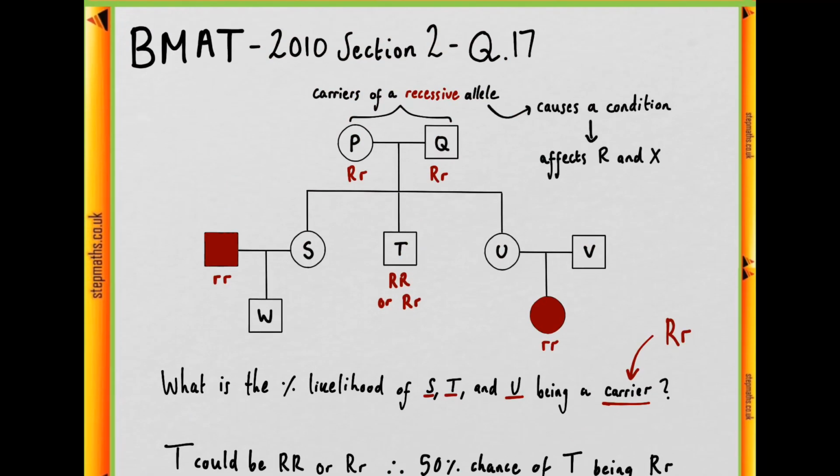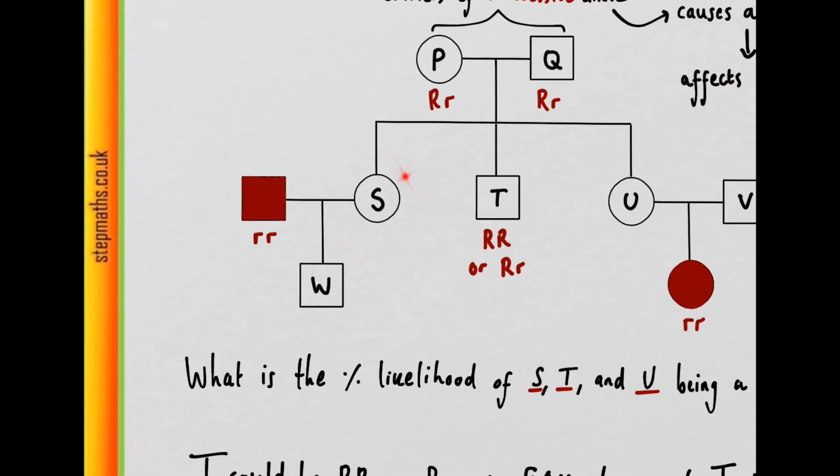Now, can we say the same for S and U? Well, let's have a think about it. We have S here, who has a husband who is homozygous recessive, and offspring who, at the very least, has to be a heterozygote, because they receive one recessive allele from the father, and therefore must receive the dominant allele from the mother.